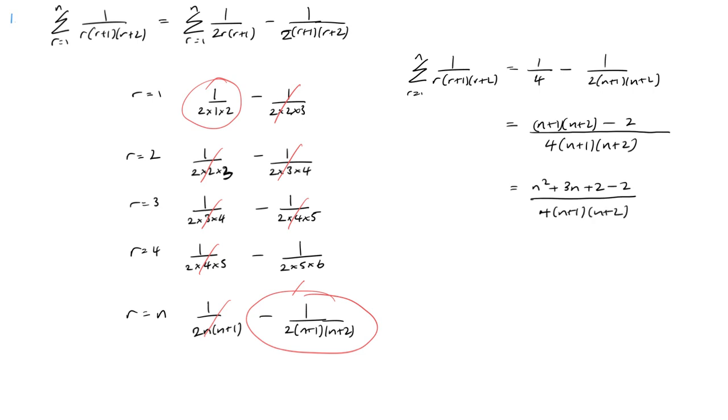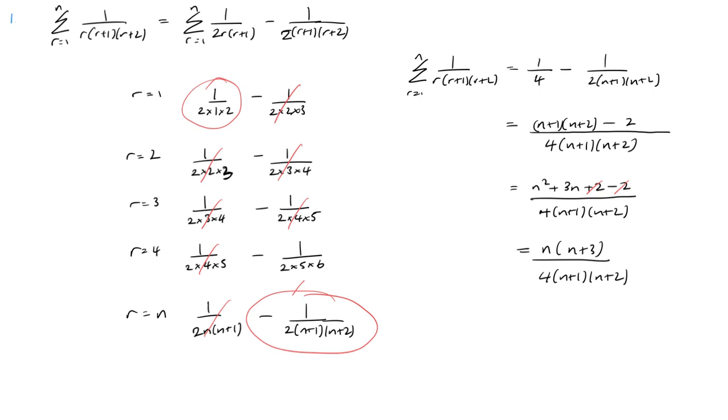Now obviously the 2's are going to cancel with each other, and I can factorize out an n, so we've got n(n plus 3) on the top over 4(n plus 1)(n plus 2). And that there is now it done for the method of differences.